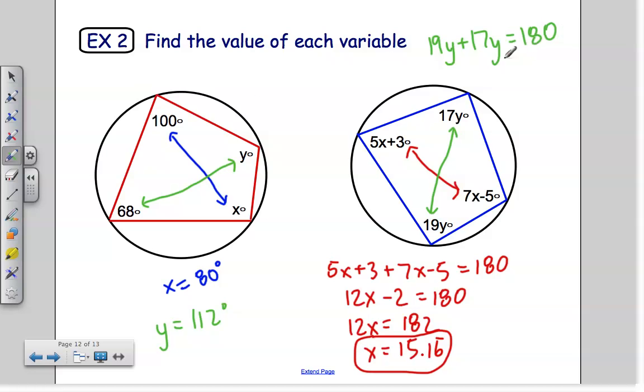And 19y plus 17y combined like terms, that's 36y equals 180. And then do 180 divided by 36, and y equals 5. Nicer answer on that one.